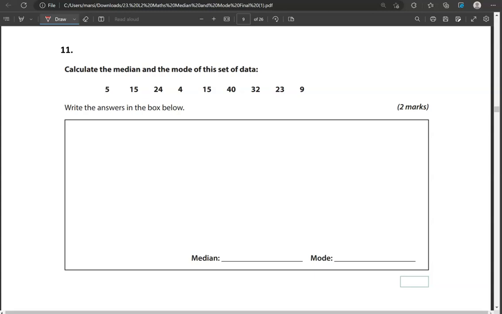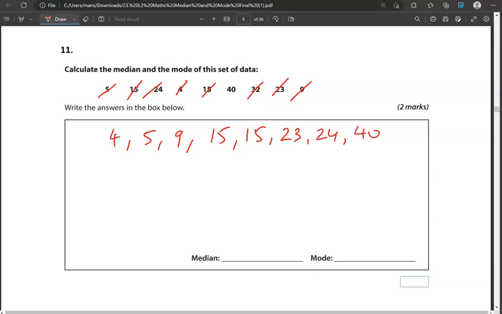Calculate the median and the mode of this set of data. So the smallest of them all is 4, then we have 5, 9, 15, 15 again, we have 23, 24, and 40. 15 was the one that appeared twice, that's the only one, so that is the mode.